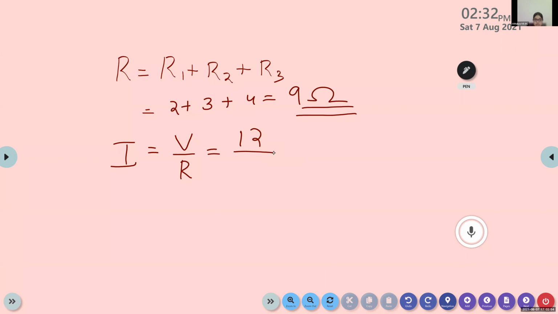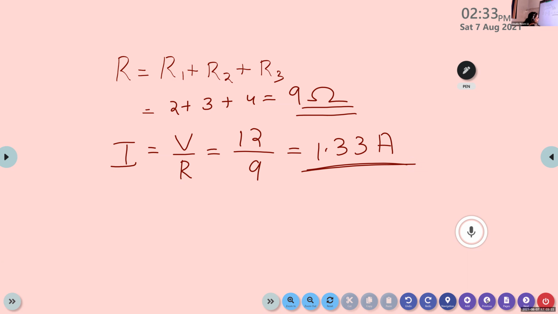So what is the answer? 1.33. Yes. 12 by 9 is equal to 4 by 3. We can simplify it into simpler terms, or it is equal to 1.33 ampere. So here the current is 1.33.